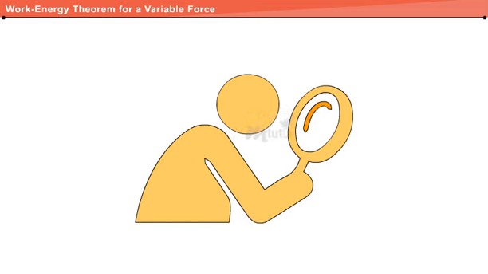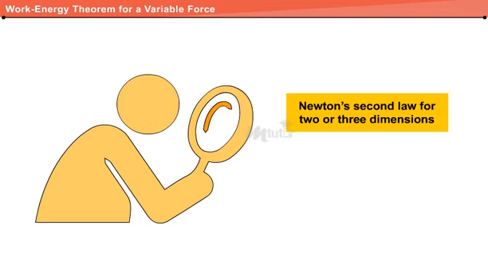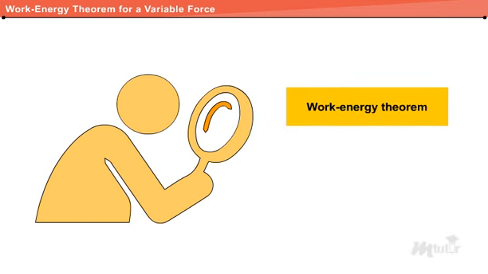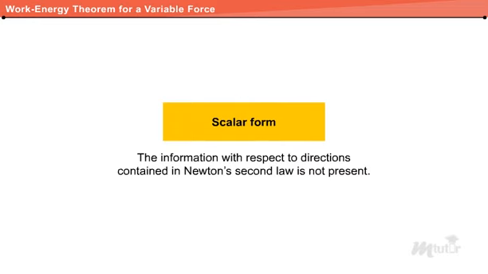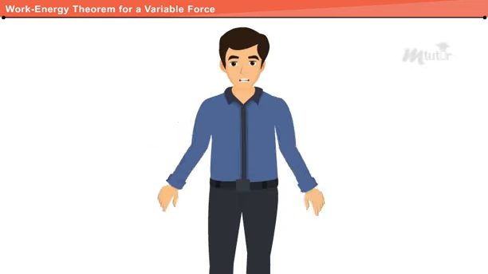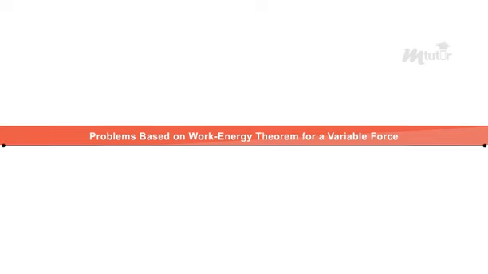Another observation is that Newton's second law for 2 or 3 dimensions is in vector form, whereas the work-energy theorem is in scalar form. In the scalar form, information with respect to directions, contained in Newton's second law, is not present. Well, guys, now let's discuss problems based on the work-energy theorem for a variable force.